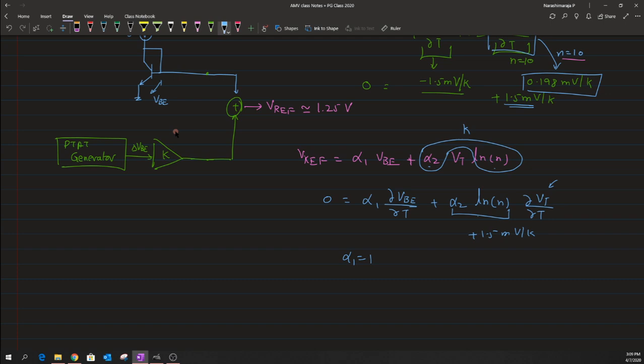Okay. So we know that when alpha 1 is equal to 1, then this particular term will result in an approximate value of minus 1.5 millivolt per Kelvin. So we just need to generate a plus 1.5 millivolt out of this entire second term.